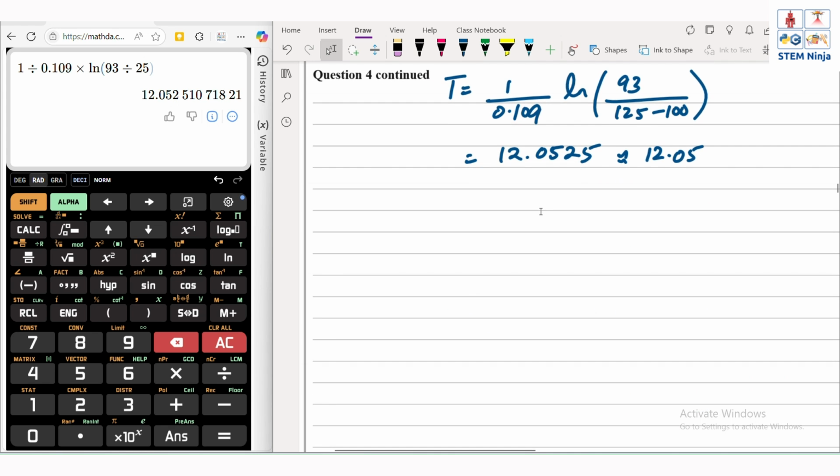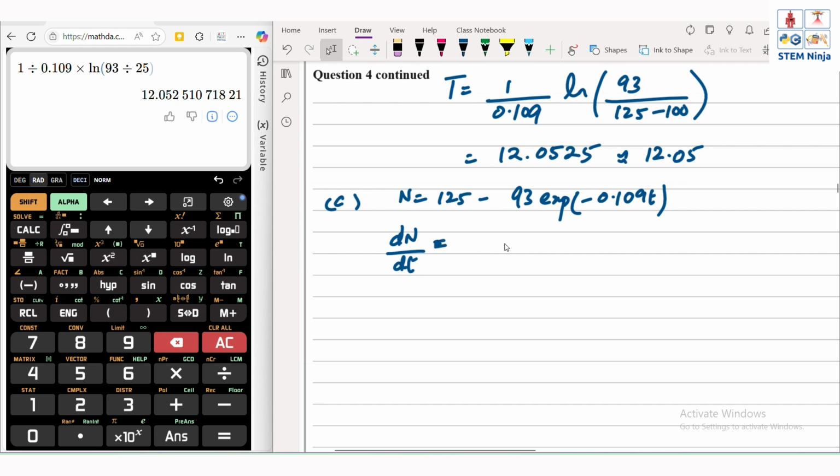Okay, so part C. N is equal to 125 minus A e, and now we know A, so 93, to the power minus 0.109t. All right, so dN over dt.